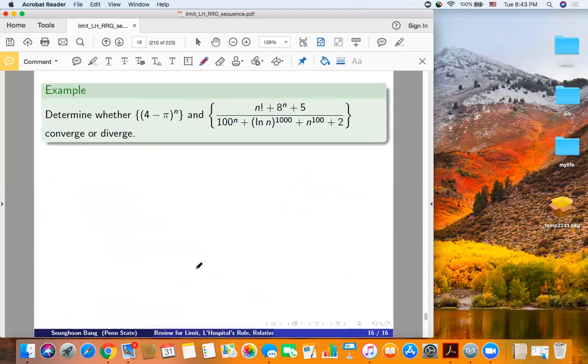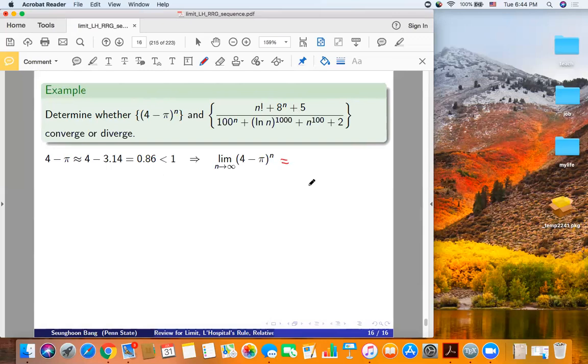I'll explain it later. So here, determine whether the sequences converge: 4 minus pi to the power n, factorial plus a to the power n plus 5 over 100 to the n plus ln of n to the 1000 plus n to the 100 plus 2. What's 4 minus pi? 4 minus 3.14 is 0.86. This is less than 1. So what's the limit?